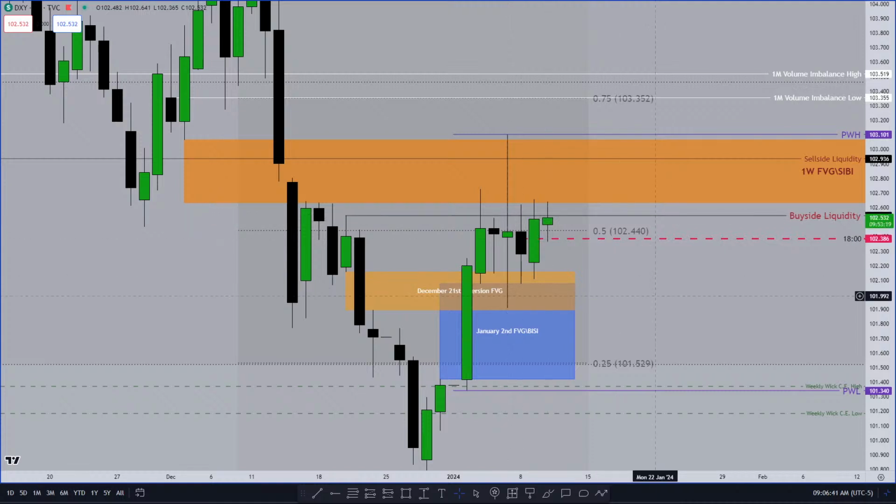So two possible scenarios I see is digging down into the sell side. Well, actually, let me change that because that was at the beginning of the week.